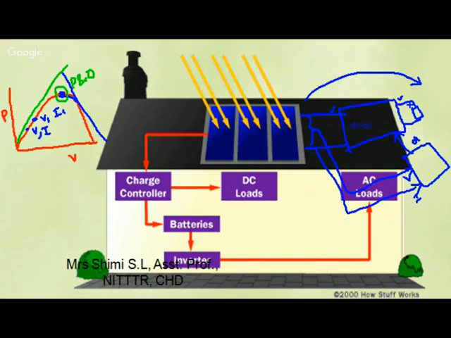So in this field also there is a lot of research. You can go for different tracking techniques: perturb and observe, incremental conductance. Nowadays you have artificial intelligence based, fuzzy logic based, ANFIS based, and now optimization based. What they are doing in optimization is, first, they track one maximum power point. Okay, so this will be said to be the local maxima.